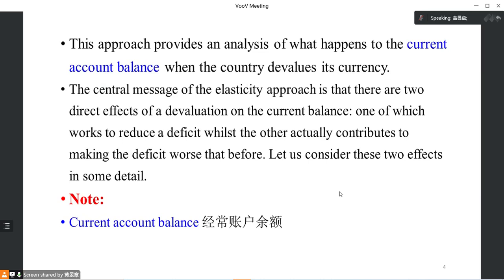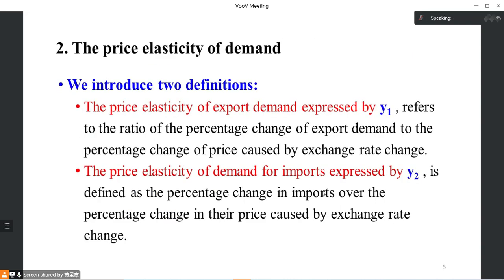This approach provides an analysis of what happens to the current account balance when the country devalues its currency, based on the price elasticity of demand. We have learned the price elasticity of import demand.